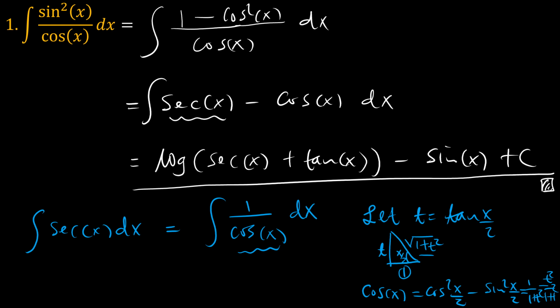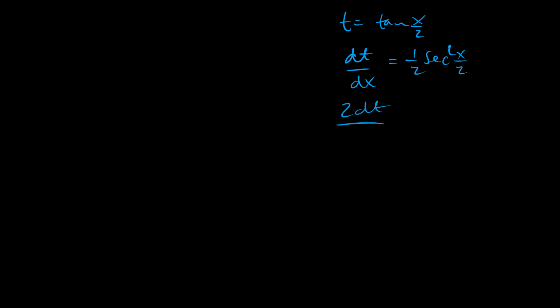And the other thing to note from here is that dt dx is half of sec squared x over 2, meaning that if t is equal to tangent of x over 2, then dt dx is equal to a half sec squared x over 2, and so 2 dt over sec squared x over 2 is equal to dx, which means that dx is 2 over 1 plus t squared dt, because 1 plus tangent squared of x over 2 is sec squared.